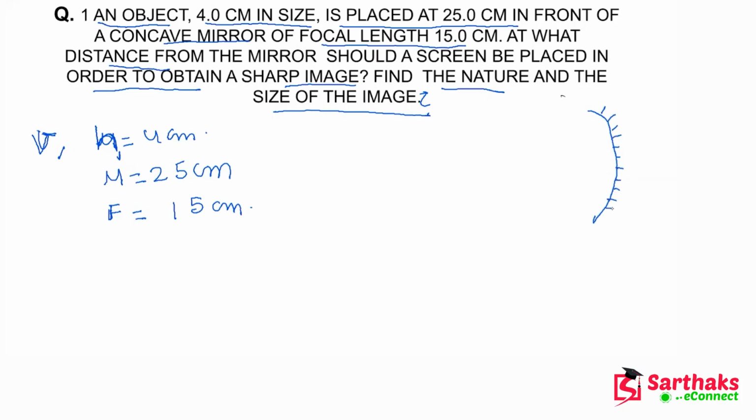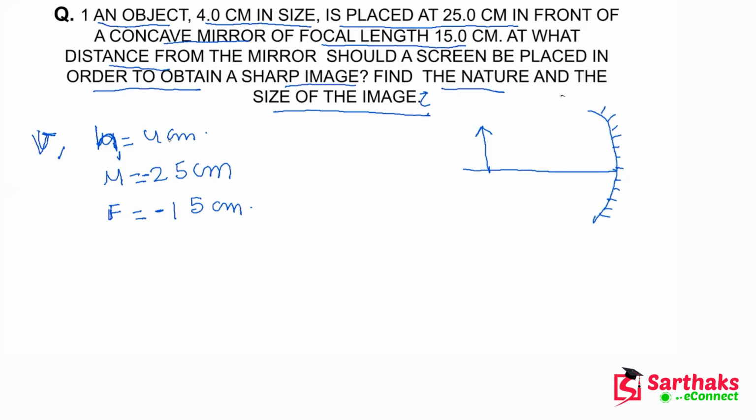In the case of a concave mirror, the object is always placed on the left side, so that's why here I will be taking minus. The focus of a concave mirror is also on the left side, so the focus will also be negative. So this is minus 15 centimeters.